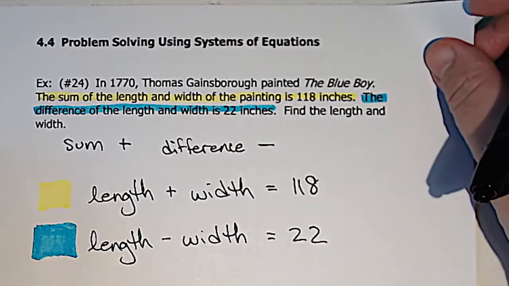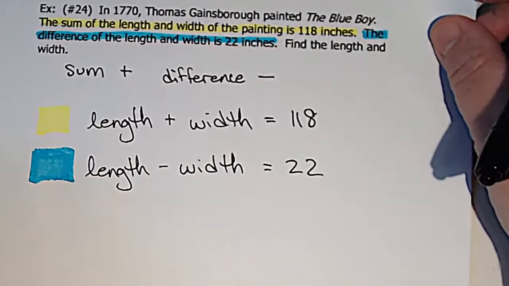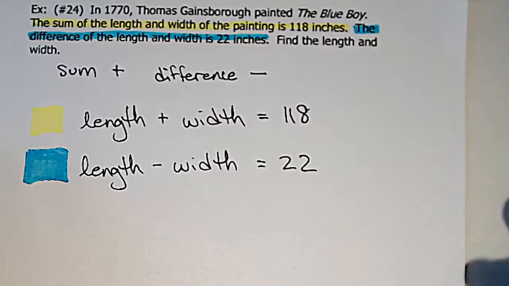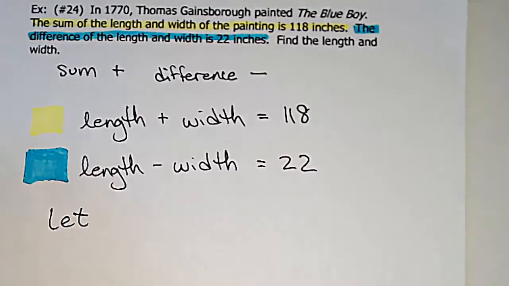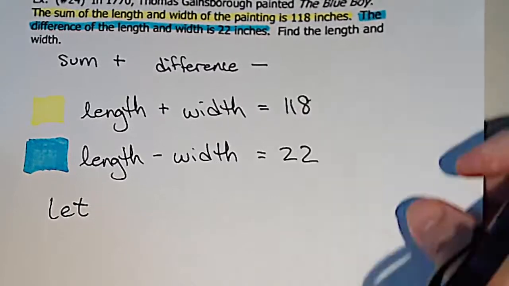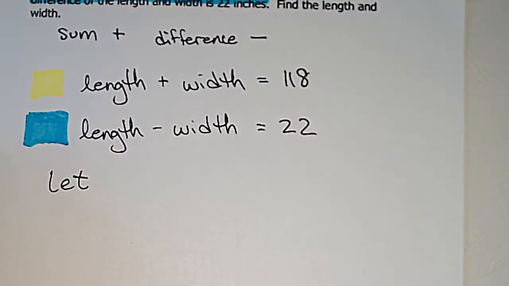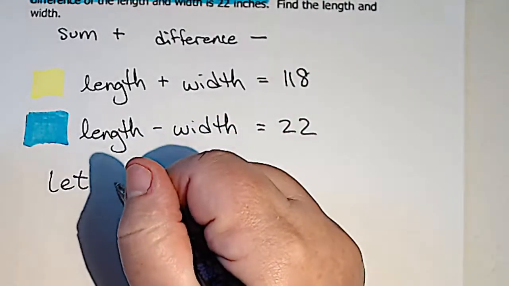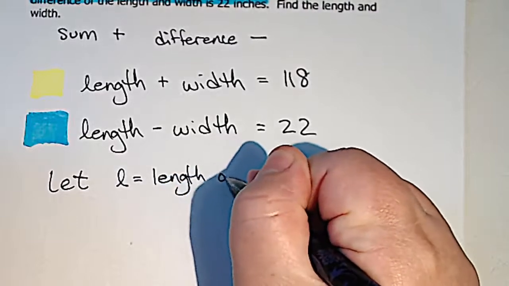Okay, so it looks to me like we've got a couple of equations right there. They're in meta math. They're not quite in math yet. I need some variables. Remember we say let, that's what mathematicians say. It means I'm about to tell you something that hasn't been said already. Let's say that L is the length of the painting.